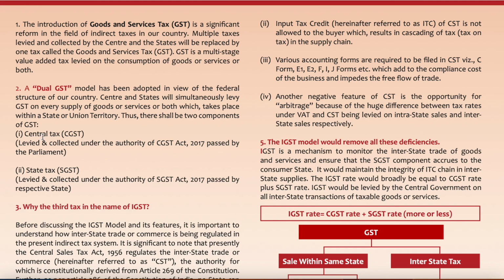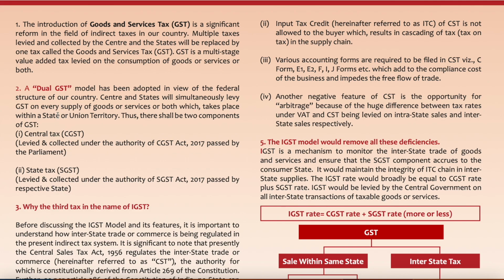One will be called the central tax, CGST, levied and collected under the authority of the CGST Act 2017, passed by the Parliament. So it has been about 6 years now. And the state tax, SGST, levied and collected under the authority of the SGST Act 2017, passed by the respective state.